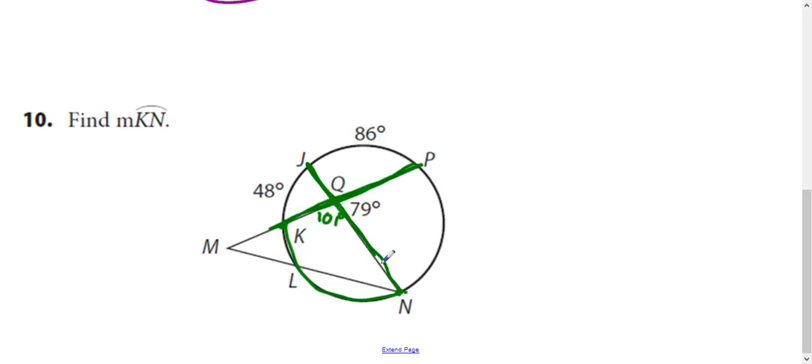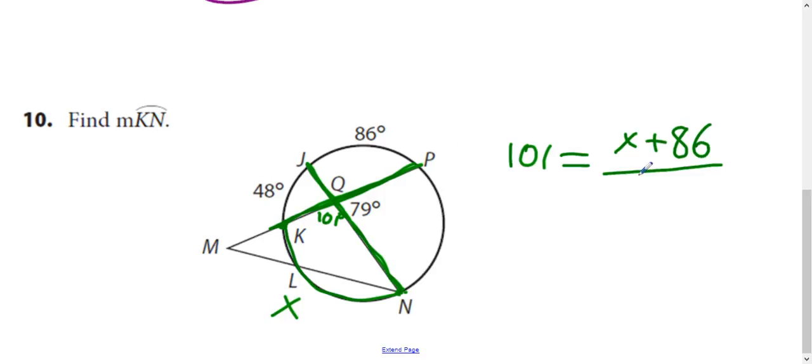Then we have these two chords, one of which uses the arc that we're looking for, KN. And on the other side, you get the arc of 86 degrees. So we have two chords. The angle equals arc plus the other arc divided by 2.